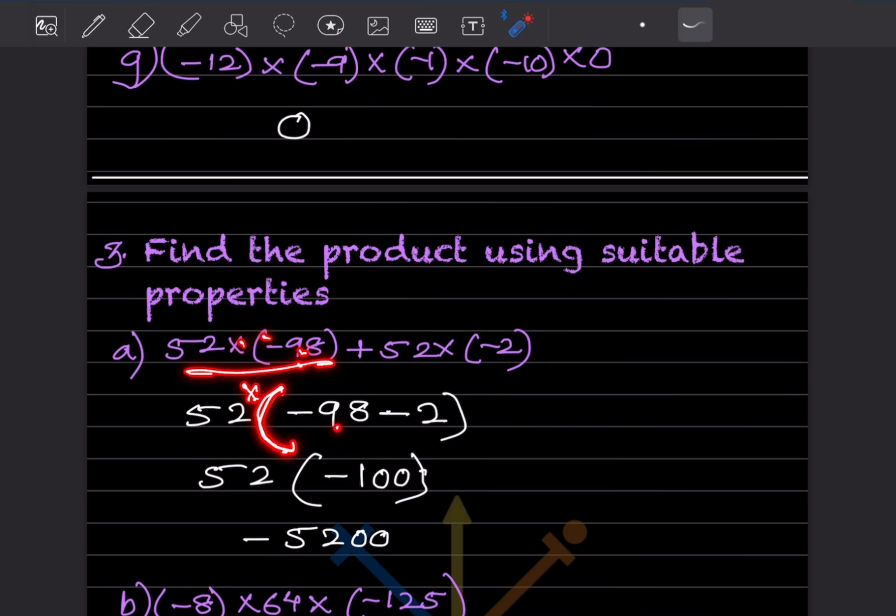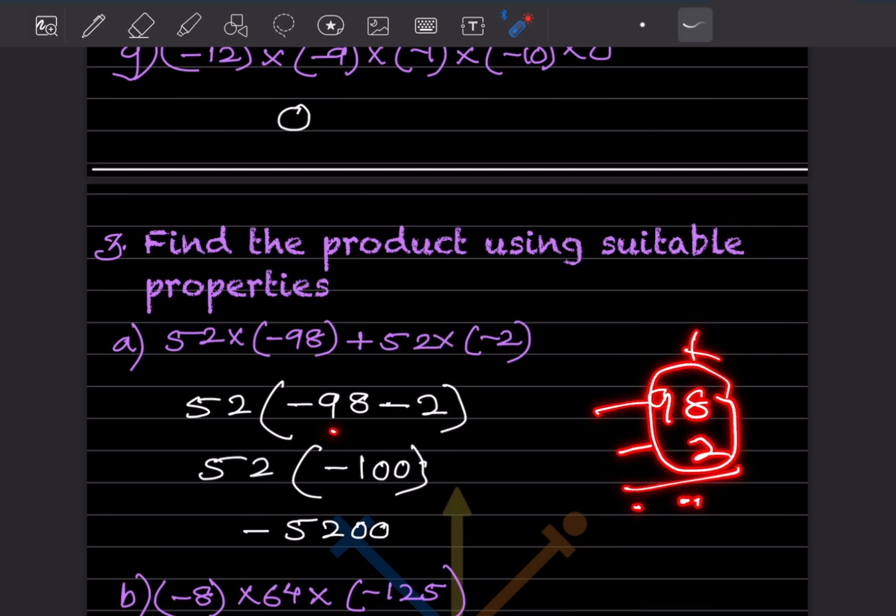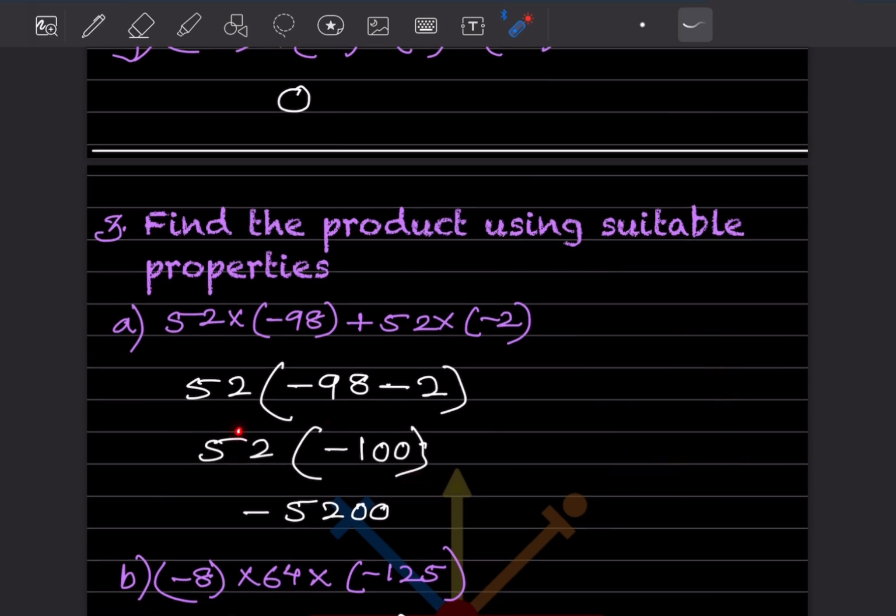So that is going to be -98. And here plus and minus becomes minus, so this will be 2. So this will put in another bracket. So now what will you do here? 52 write as it is, -98 minus 2 means you are going to add this one. So that is going to be 100, but keep the negative sign. So now 52 into 100, that is going to be 5200, but this is a negative sign.